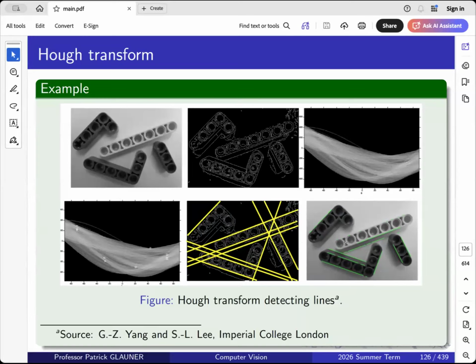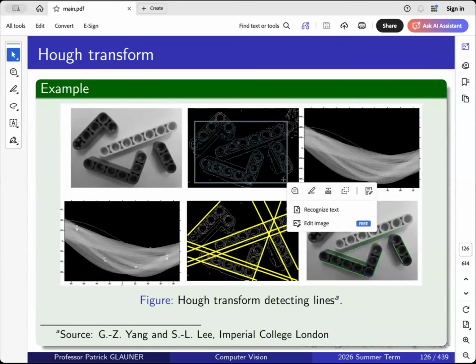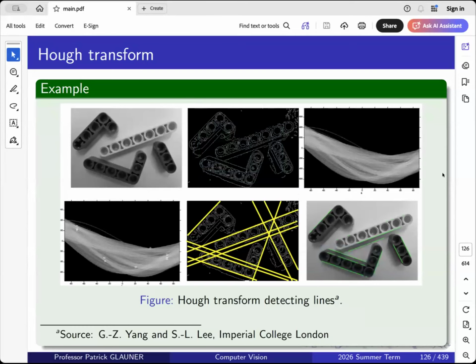But this is what the Hough transform would return us for this data set, and possibly it's already quite okay. I get a few straight lines, not all of them. That also has to do with illumination, with scale and rotation and all of this. But we find some straight lines, and we certainly get more out of it than from the edge detector.